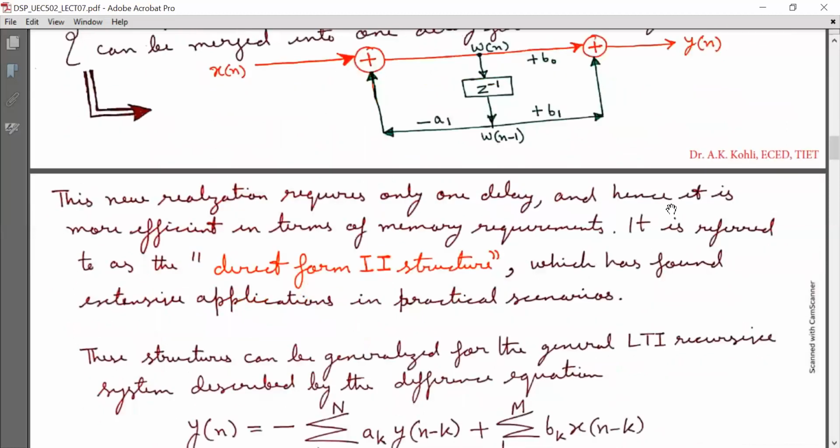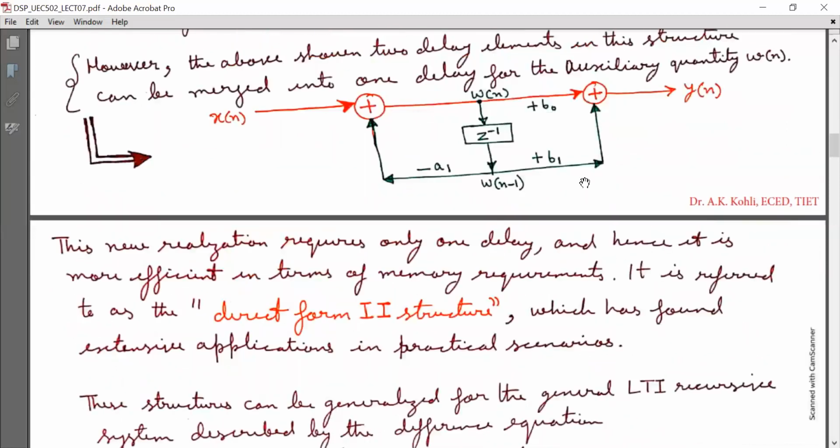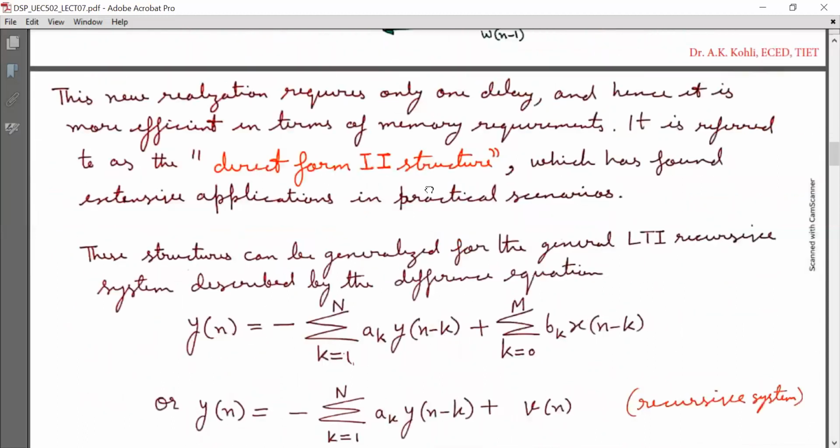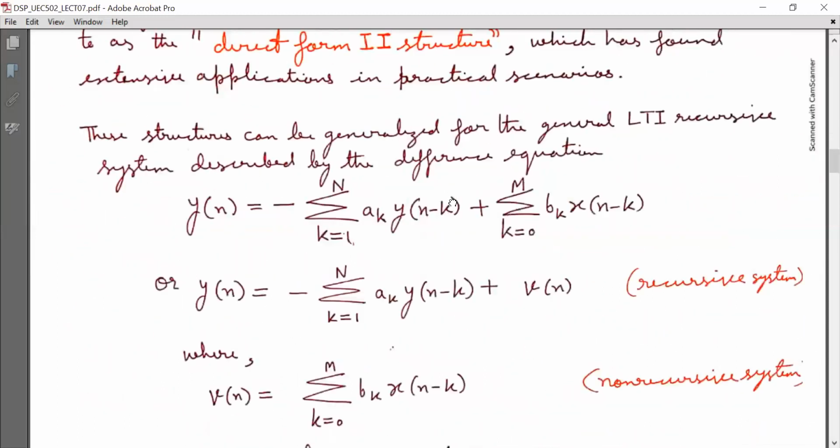So in practical fields, as far as the implementation of LTI system structures is concerned, we go for direct form 2 structures. Now extend this case to the general system.